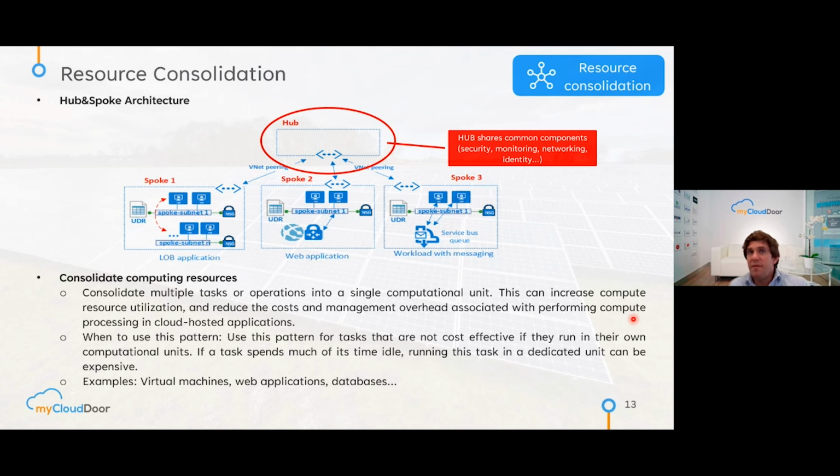So for very small applications, these applications won't have a lot of usage. So that's why we recommend to consider having several small workloads in the same VM or in the same database, so you are able to share the cost and take advantage of the capacity you are not using.